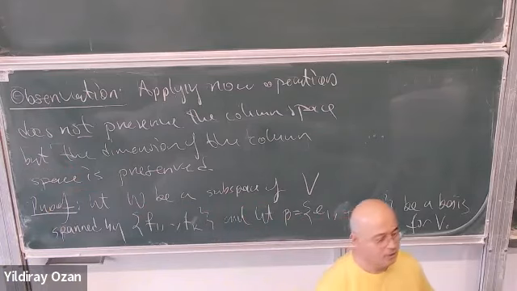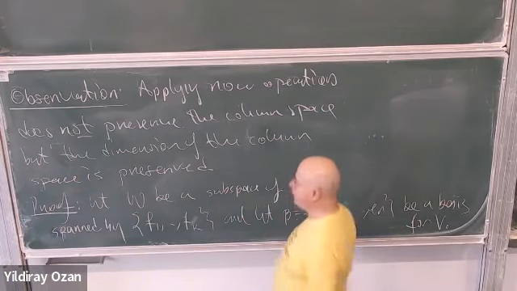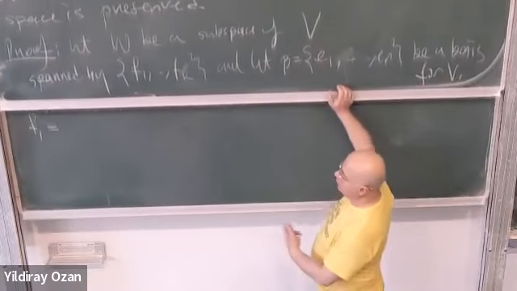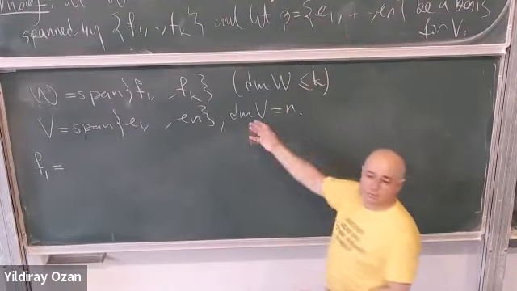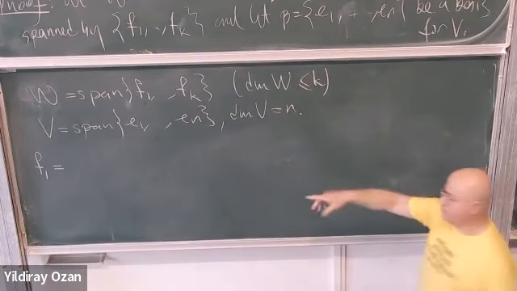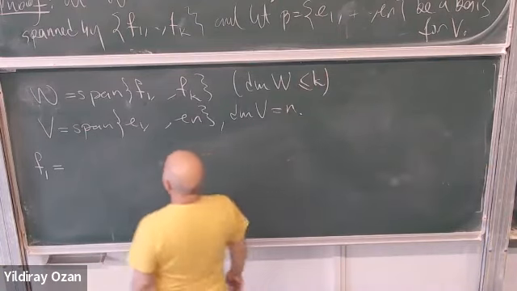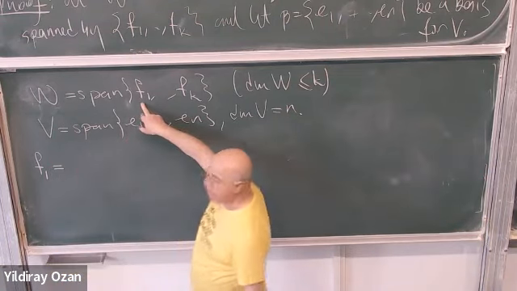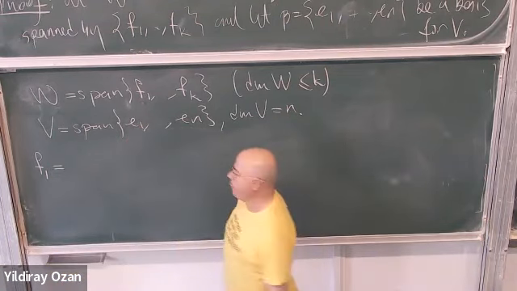Okay, space might change, but dimension doesn't change. Actually, this thing will prove a lot more stuff than just this one. Okay, now let me write each element Fi in this basis.